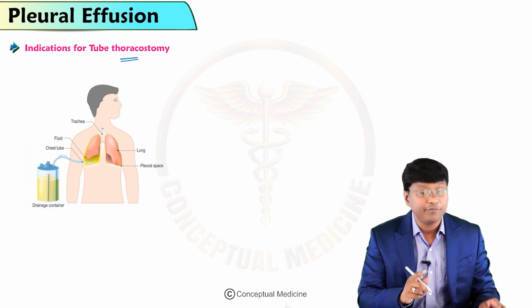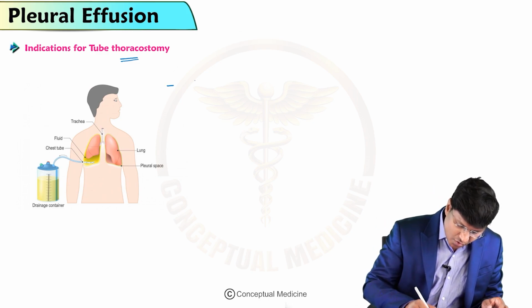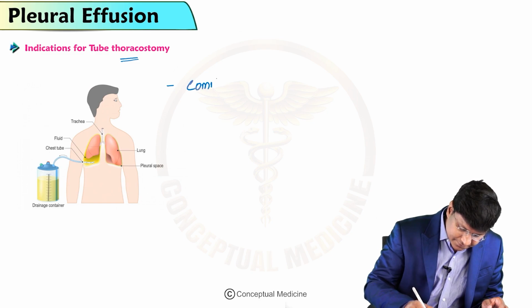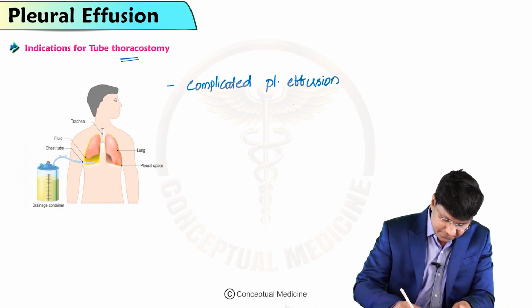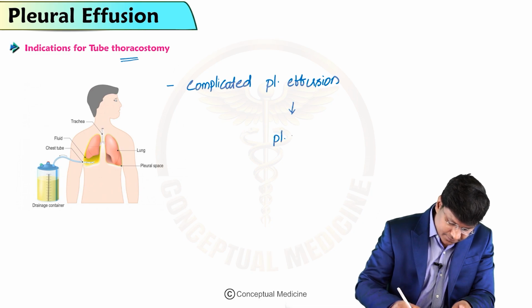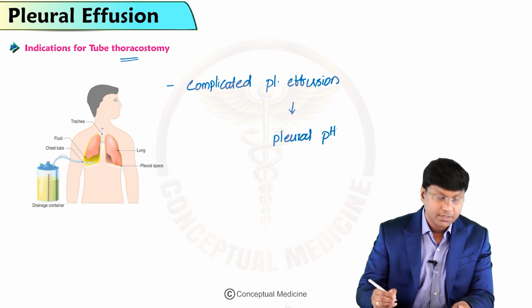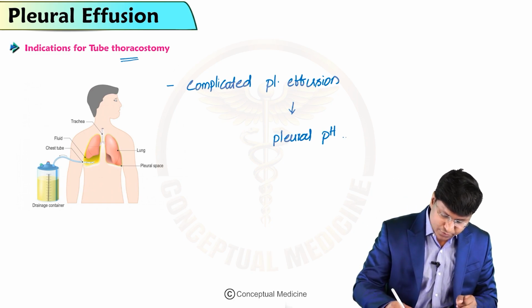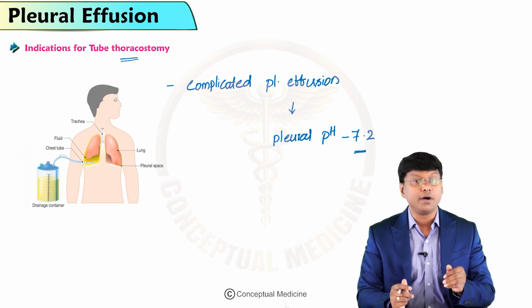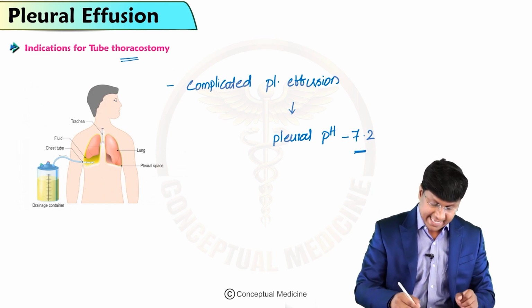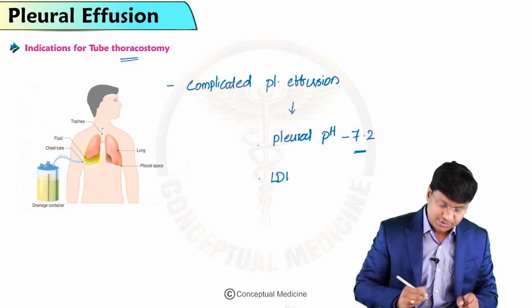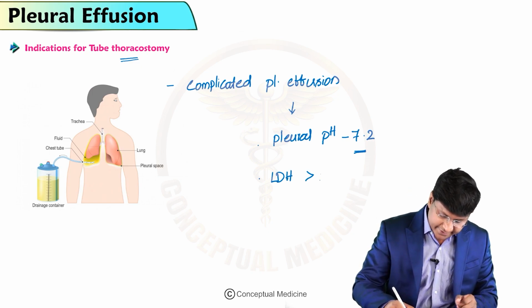Suppose the individual has a complicated pleural effusion with pleural pH around 7.2 and lactate dehydrogenase greater than 1000 units per liter.